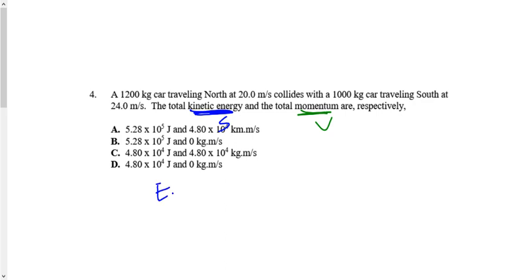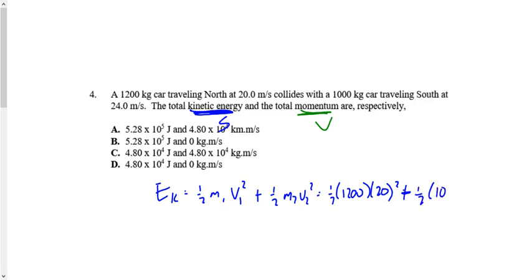Let's say EK is equal to 1/2 m1 v1 squared plus 1/2 m2 v2 squared. So we got 1/2 of 1,200 times 20 squared plus 1/2 of 1,000 times 24 squared.